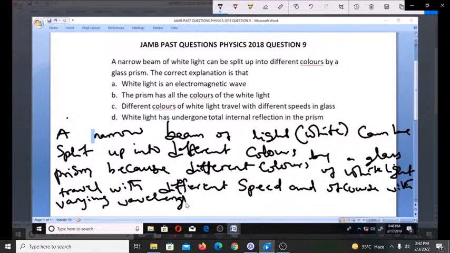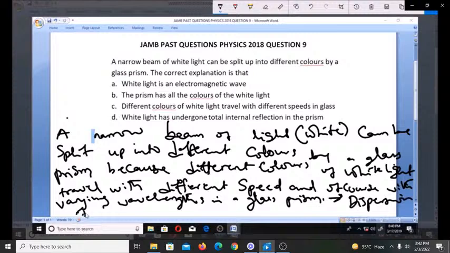So you will not notice this until you pass it through a glass prism. So you'll be able now to see the different colors in the white light. This effect is known as dispersion of white light. This very thing I just explained is what we call dispersion.